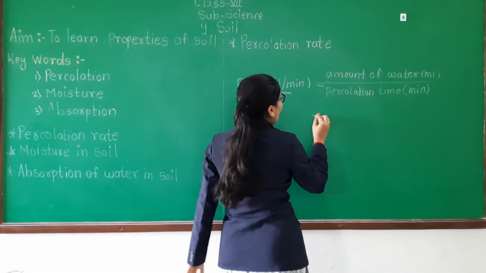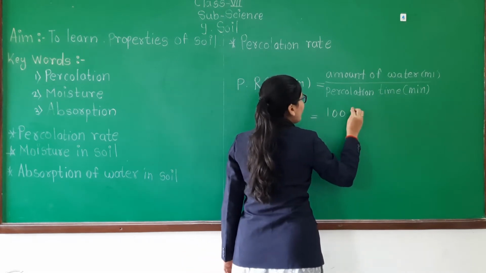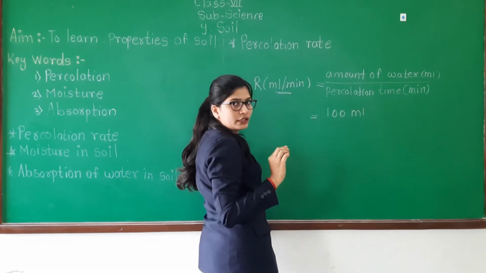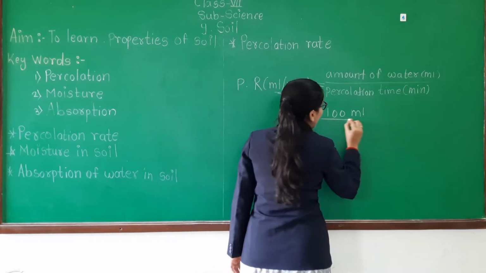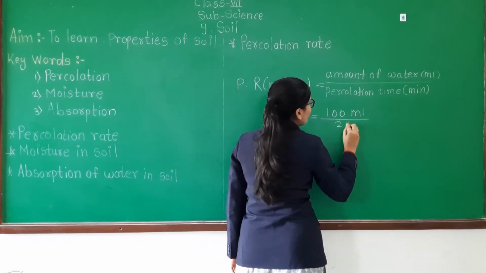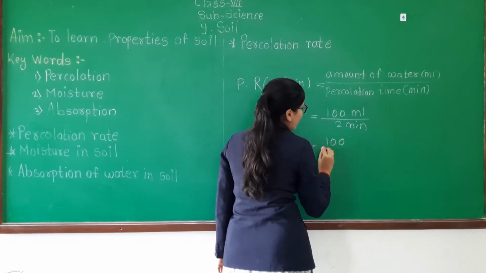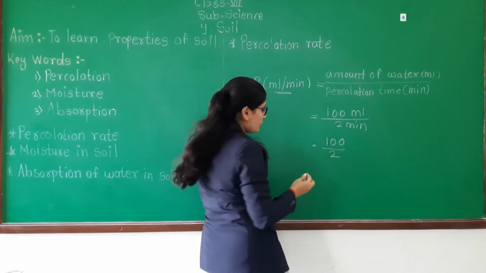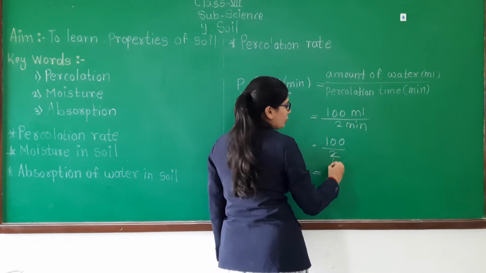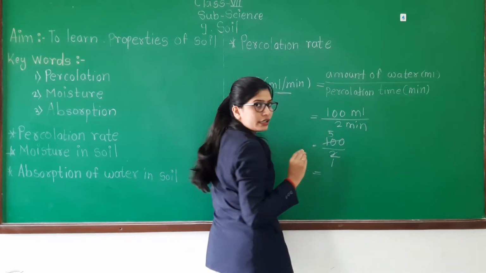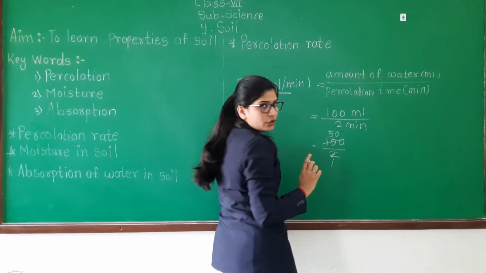We have taken 100 ml of water, and the percolation time is 2 minutes. So 100 divided by 2: 2 ones are 2, 2 fives are 10, and 2 zeros are 0.